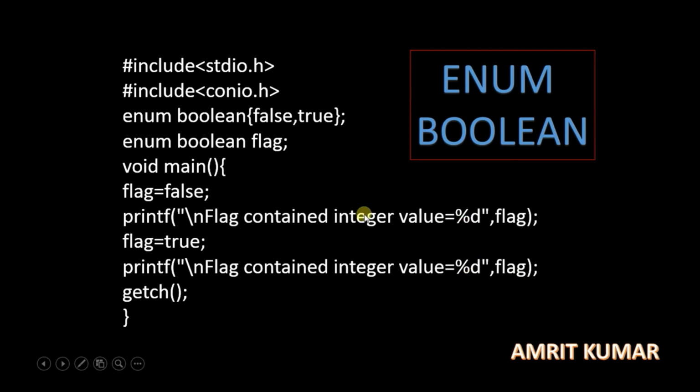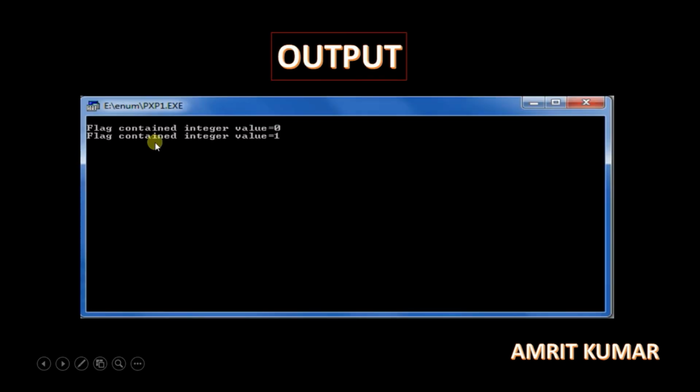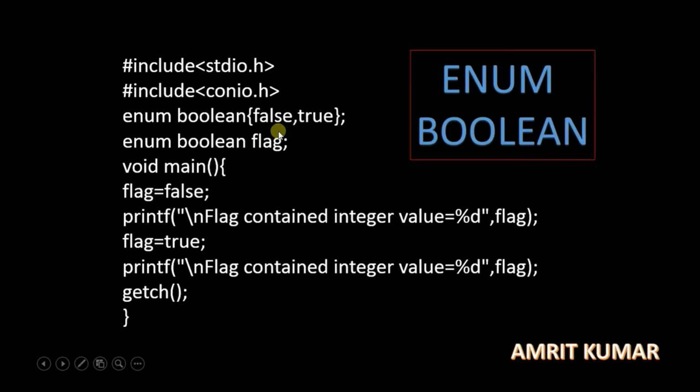We know that false gives 0 and true gives 1 in C language. So let's look at the output. Here the flag containing integer value is 0. You can see this because we have used false, false is assigned to the flag, and I am displaying the flag with the help of the printf function.